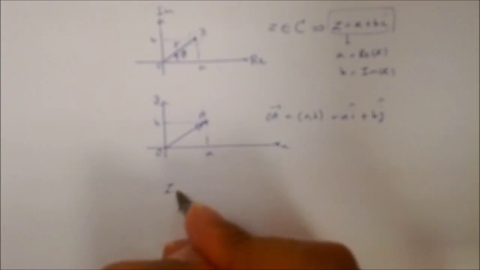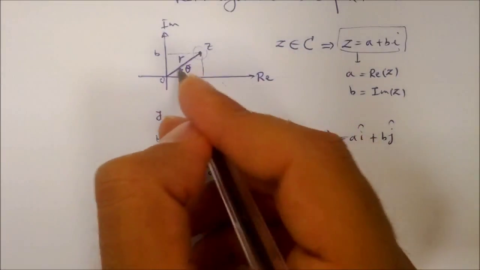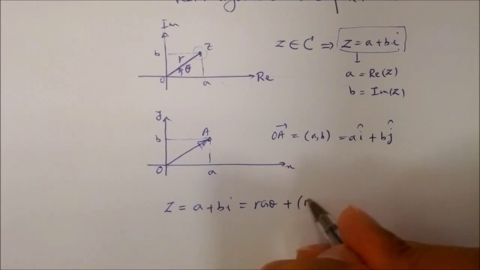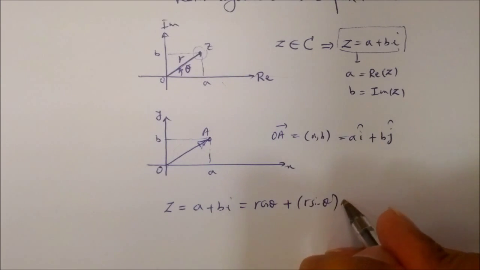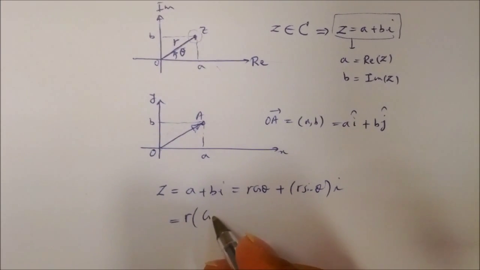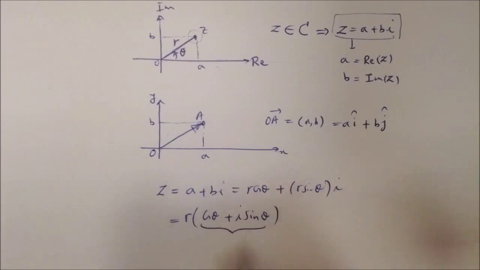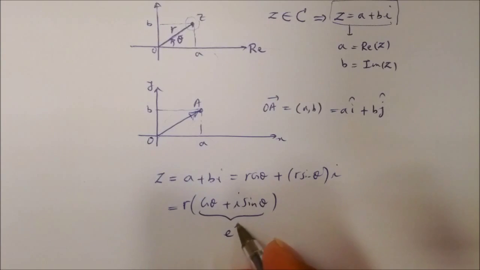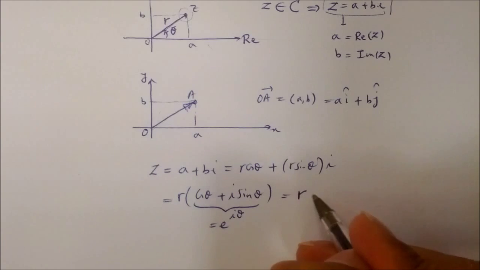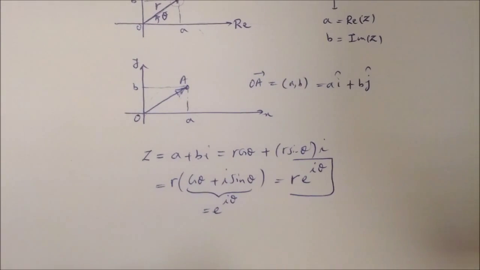So z is equal to a plus bi, a is simply r cosine theta and b is r sine theta, times i. So this will be r times cosine theta plus i sine theta, and we can show that this will be e to the power of i theta. So the polar representation of a complex number will be as this.